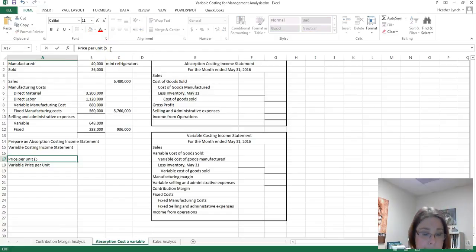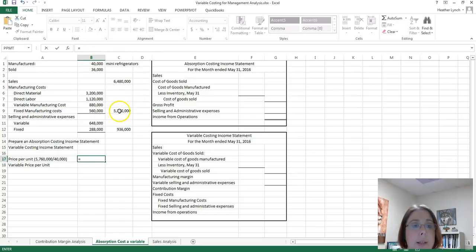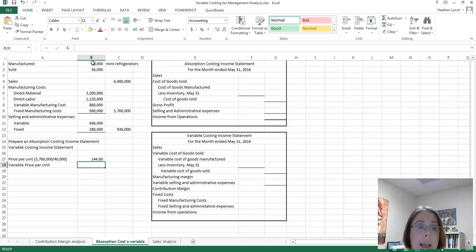We're going to take that 5,760,000 and divide it by how many we manufactured. So we divide the 5,760,000 by those 40,000 we made, and that gives us 144,000.